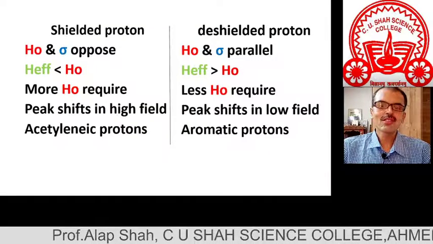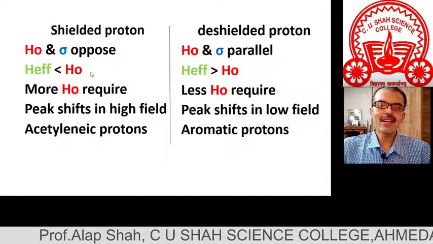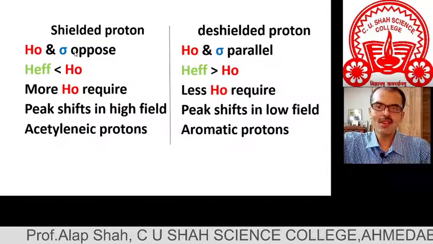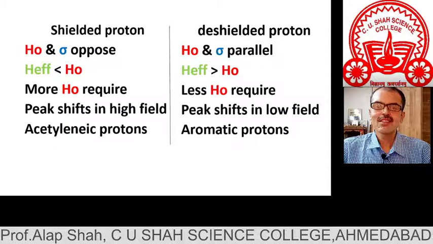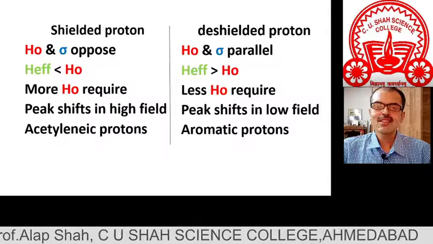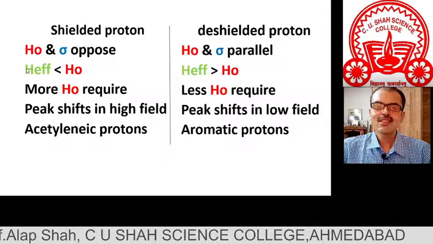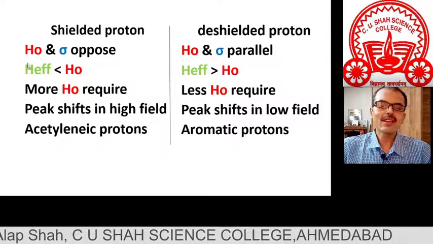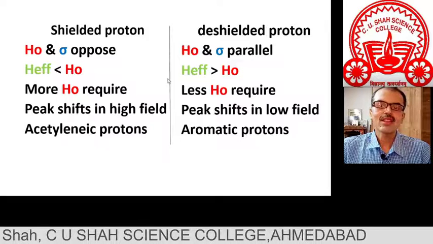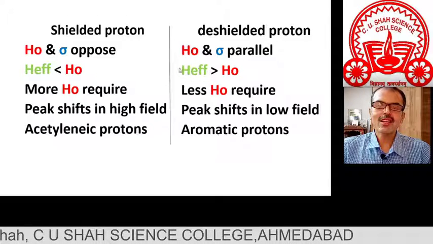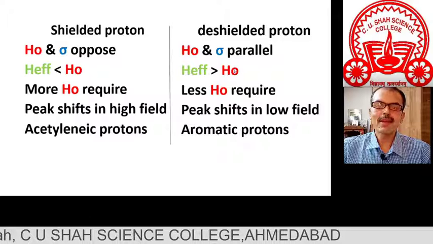Shielded protons: the applied field and sigma oppose each other. Deshielded is the reverse: H0 and sigma are parallel. Since they oppose, the effective magnetic field experienced is lesser than H0. Here it is a greater effective magnetic field than the applied magnetic field.